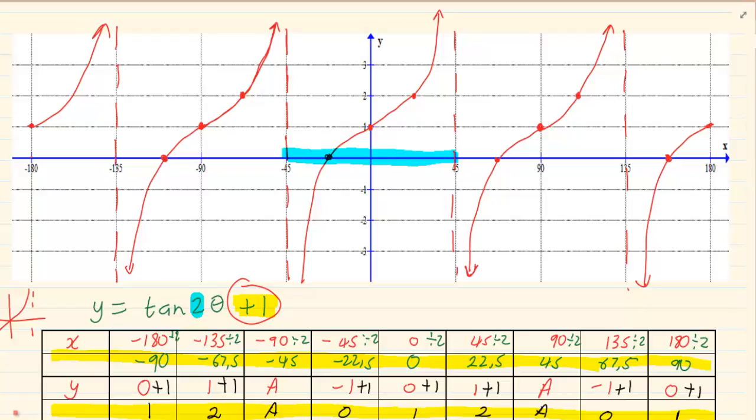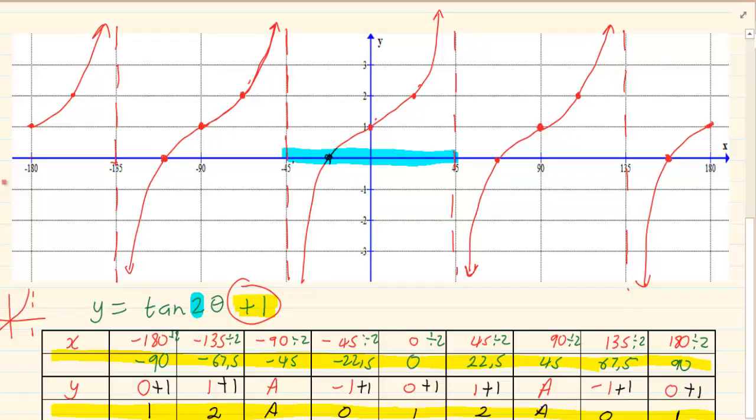It keeps on going again. So if you looked, I had an asymptote, then I had a line on the 0, then I had a 90 and a 1, then I had a 2. So it's again asymptote, 0, 1, and then obviously the next one would have been 2. If you go this way, it was asymptote, 2, 1, 0, asymptote, 2, 1, 0, asymptote, and then 2, 1, and if you continued, 0.